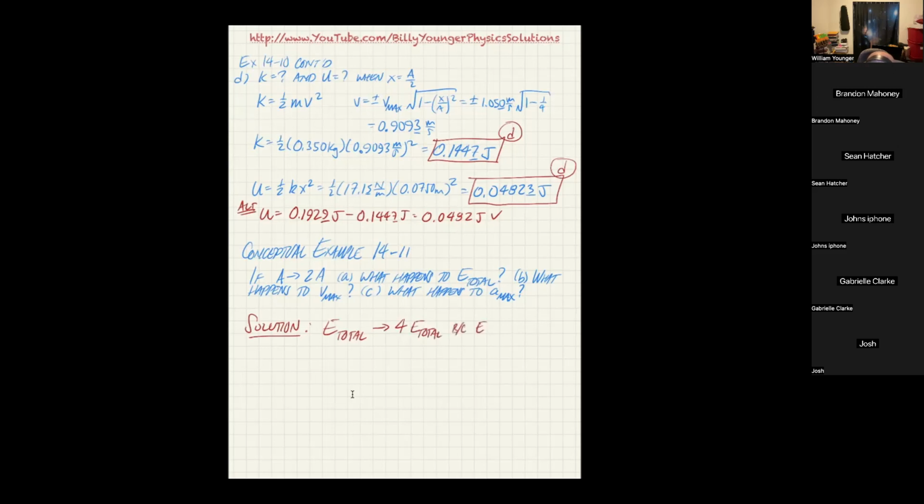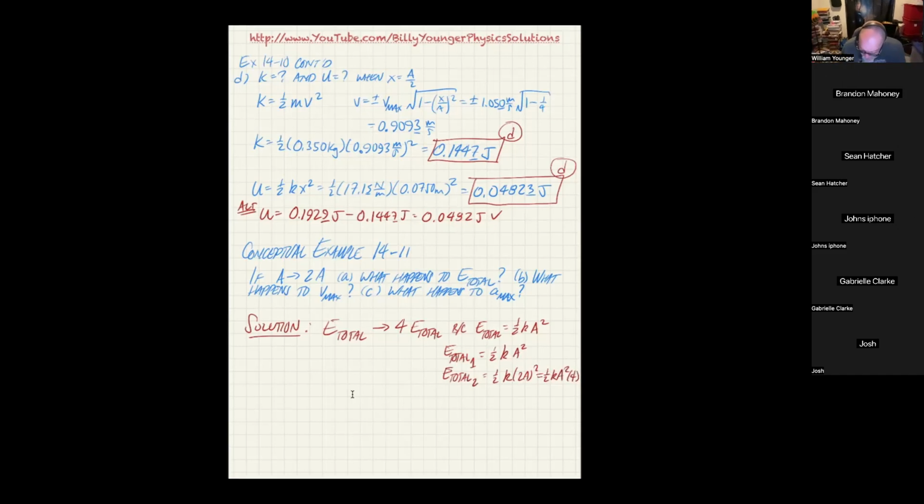Because E total equals 1/2 K A squared. E total 1 was equal to 1/2, let's say K times A squared, and E total 2 is equal to 1/2 K times 2A squared, which is equal to 1/2 K A squared times 4.